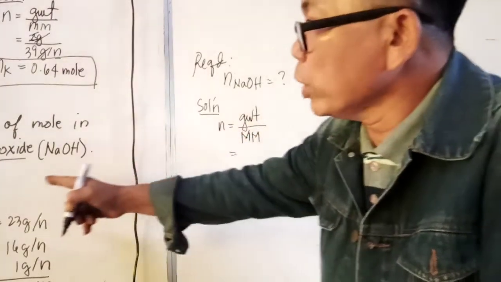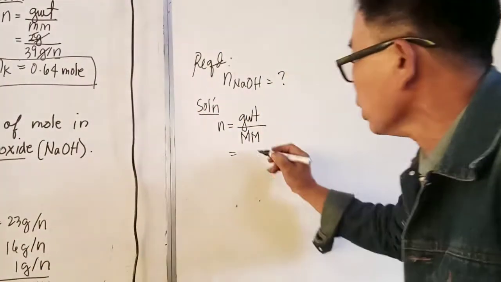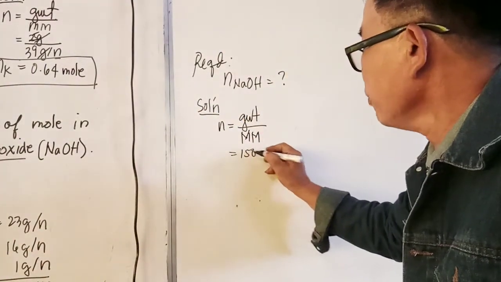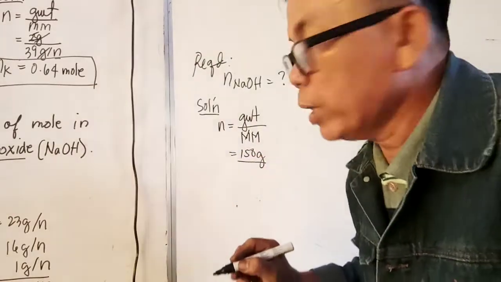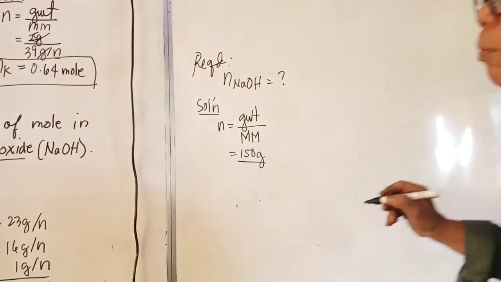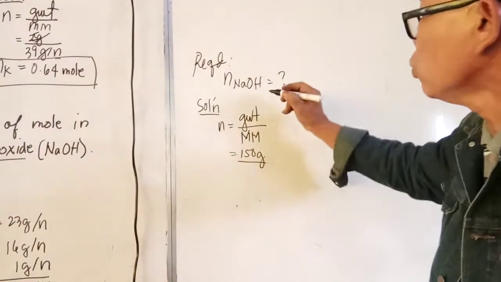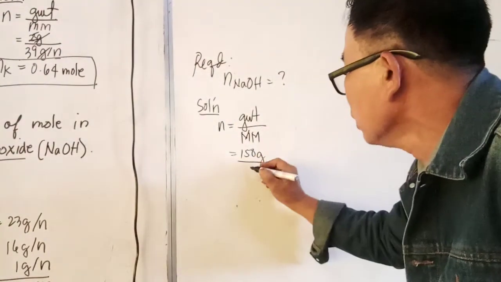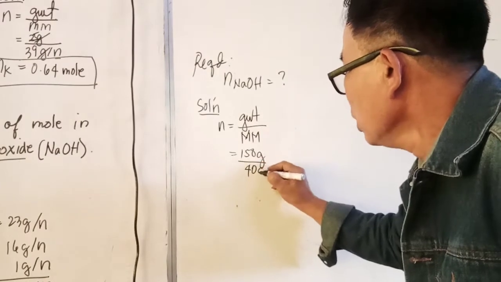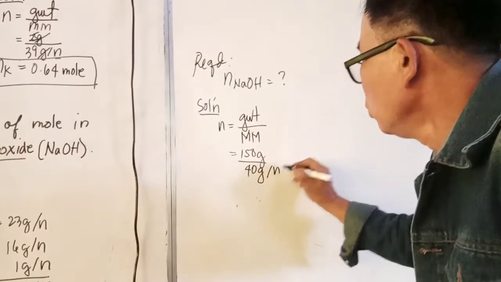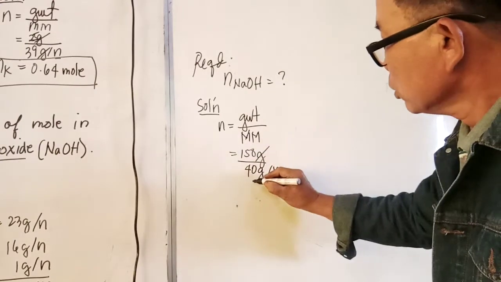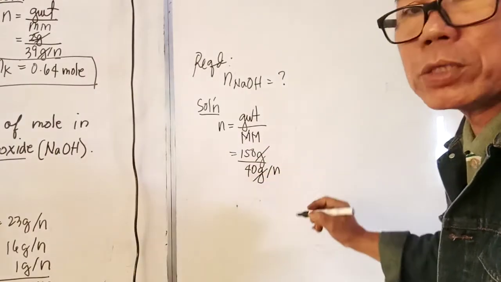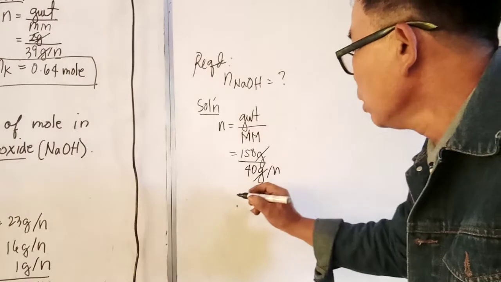You have the given weight, which is equivalent to 150 grams, divided by its formula mass or the molar mass, that is equivalent to 40 grams per mole. So you cancel the unit grams, and then what remains is expressed in mole.